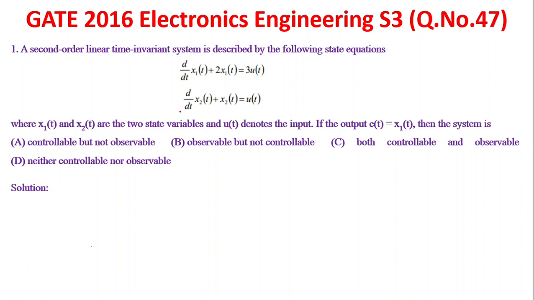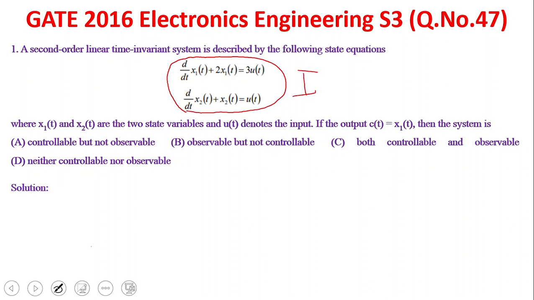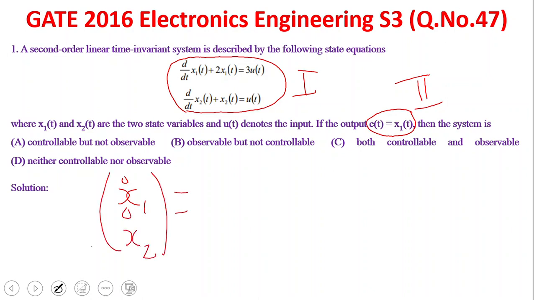So these two are the state equations, and this is the output equation. Now, these two state equations we can write in vector matrix notation. x1 dot, x2 dot: the 2x1, if it is brought to the other side, gives minus 2x1, there is no x2 term.